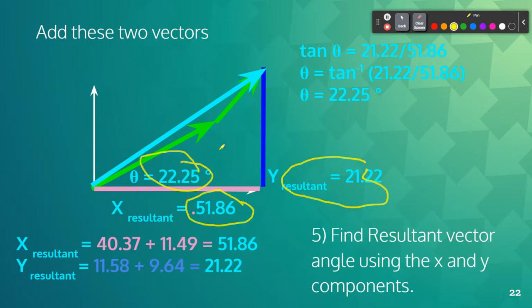And so in order to find this, I have tangent of my mystery angle that I don't know yet. And I put that opposite, which is 21.22, divided by adjacent, which is 51.86. I take the inverse tangent of both sides, which cancels out this tangent and puts an inverse tangent over here. And then I get 22.25 degrees.